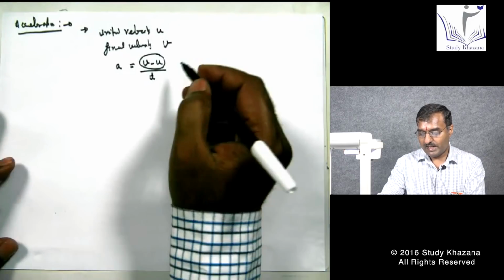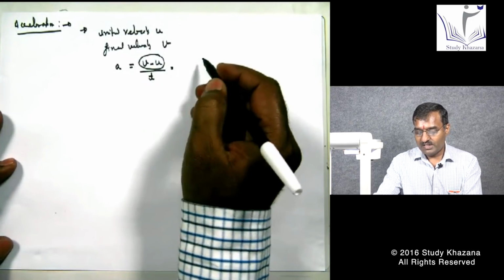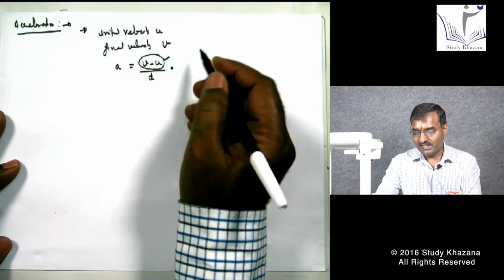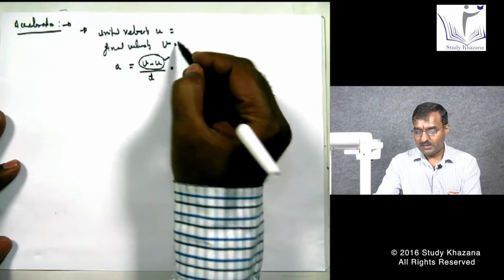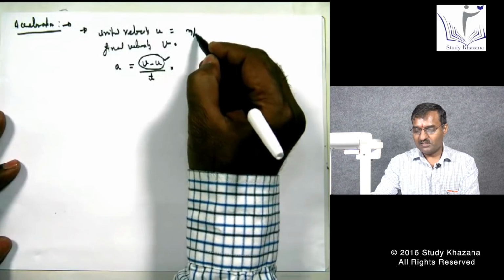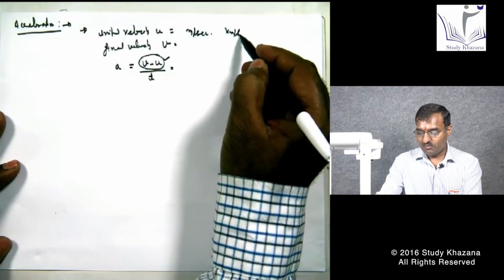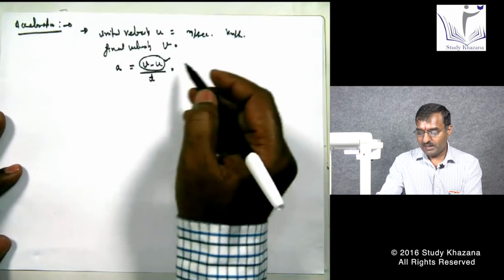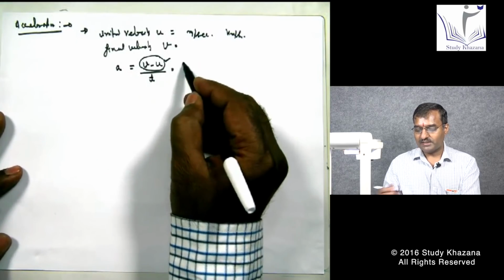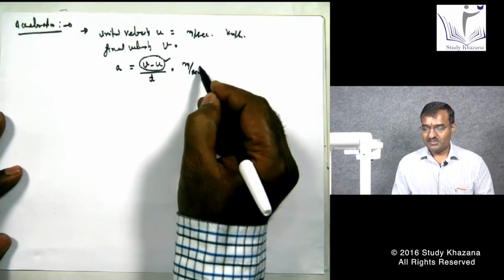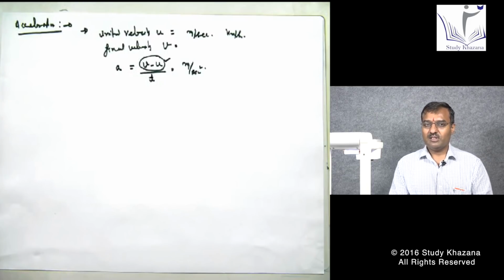Velocity is always in meters per second, or you can also use kilometers per hour. So acceleration becomes meters per second squared.